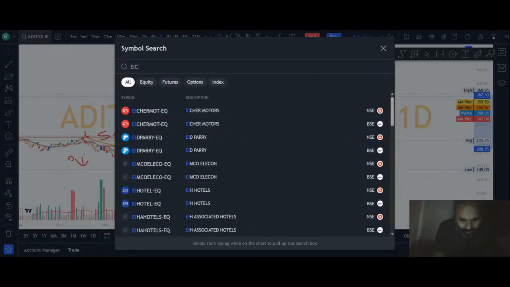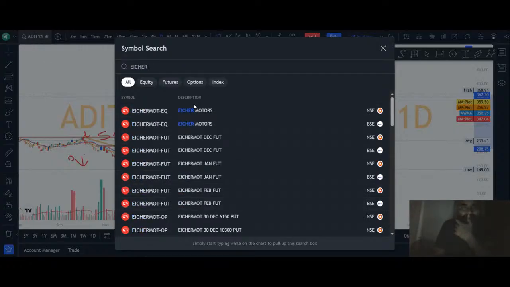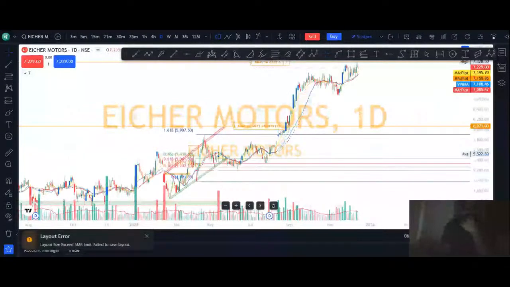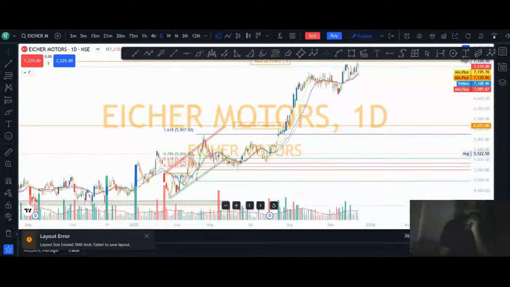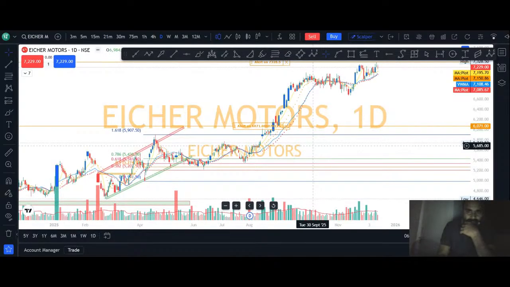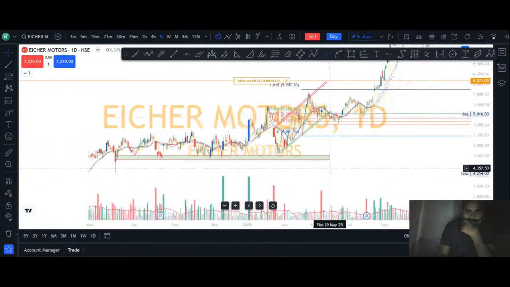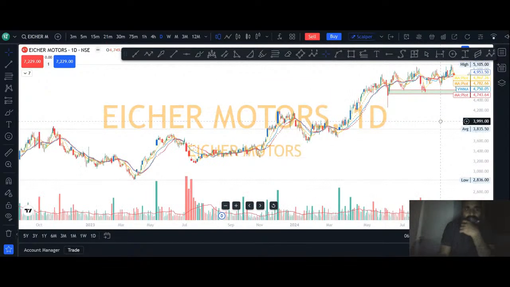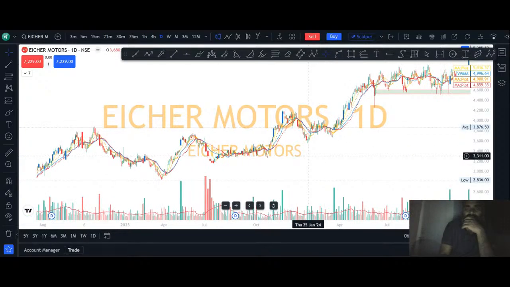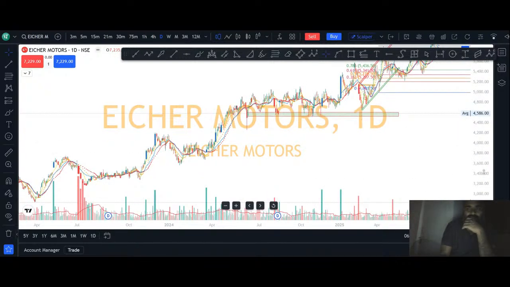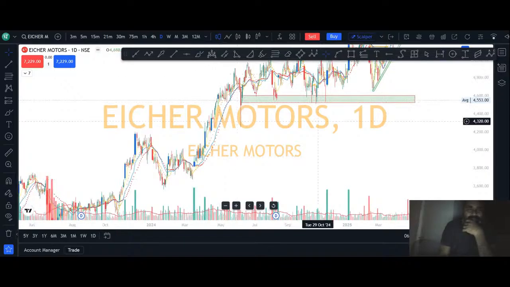I have an example in Eicher Motors, right? See at this point, this rally happened in the Eicher Motors.